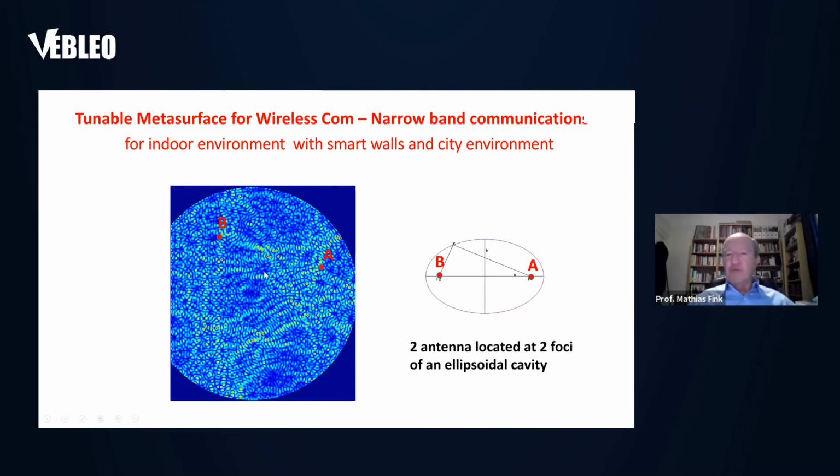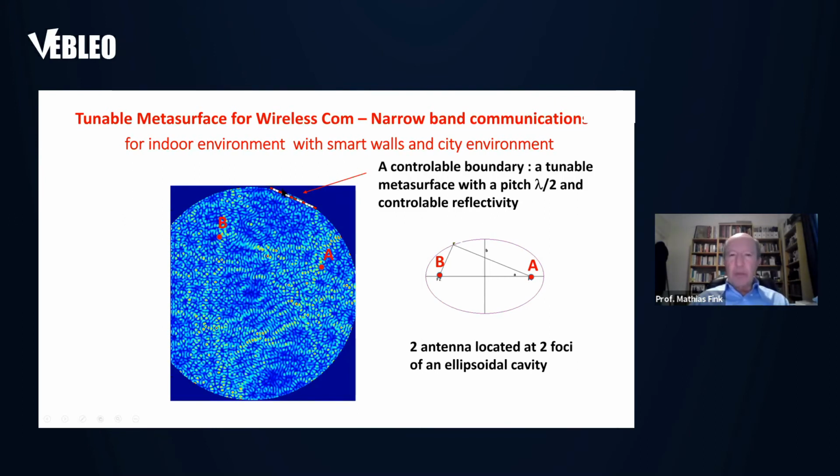a random room. And imagine now that instead of being in this kind of ultra excellent communication system, you are in a room and you are at point A, wanting to emit a signal to point B. But imagine that now you put a controllable boundary in the environment. And this is what I call the tunable metasurface, whose elements are half the wavelength that you use.